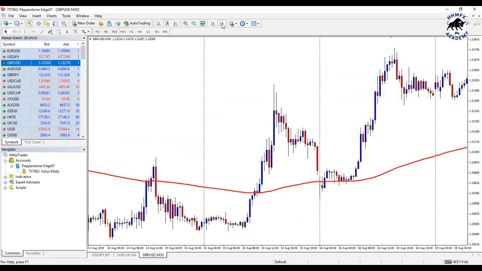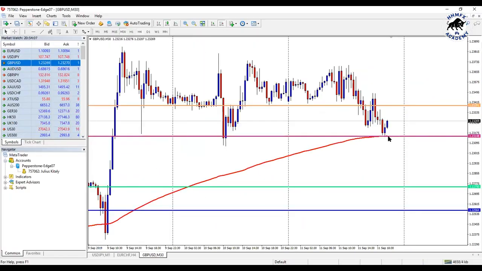That's why the market is going up. Is now pulling back. Why? It encountered support. How did we find out there was support here? Because we have this 200 moving average on 30 minutes, just there.